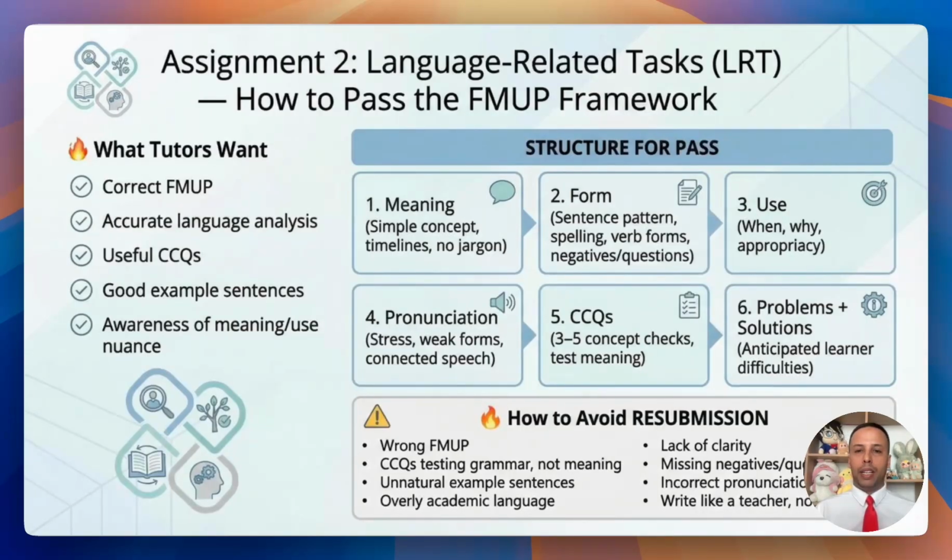Overly academic language. You must write like a teacher, not a linguist. Clear, practical, accessible. Also, lack of clarity. If the tutor can't follow your explanation, there is a problem. Also, missing negatives or questions.